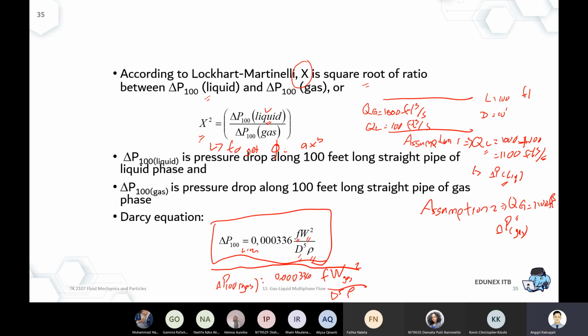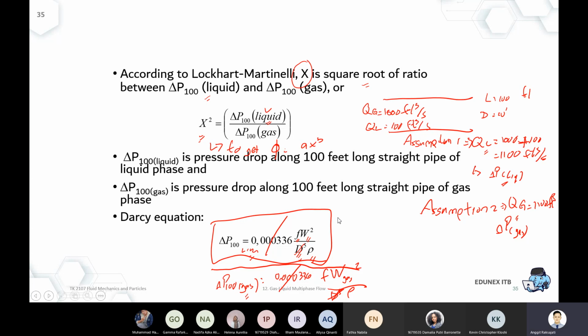Which can be neglected because it has the same value when you assume it to be a liquid and the same value when it is assumed to be a gas. Any idea? Constant, same. Diameter can be neglected. Okay, diameter can be neglected. It's the same diameter.